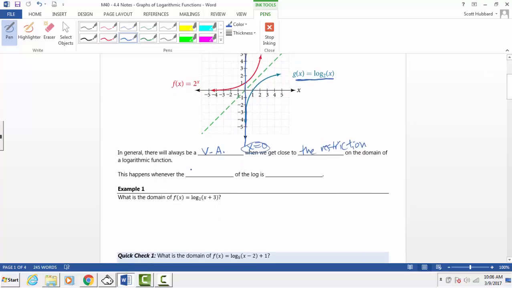So this happens whenever the inside of the log approaches 0. And the fancy word for the inside, again, is the argument. It's just what's inside. So let's take a look at an example here. It'll make it really clear.